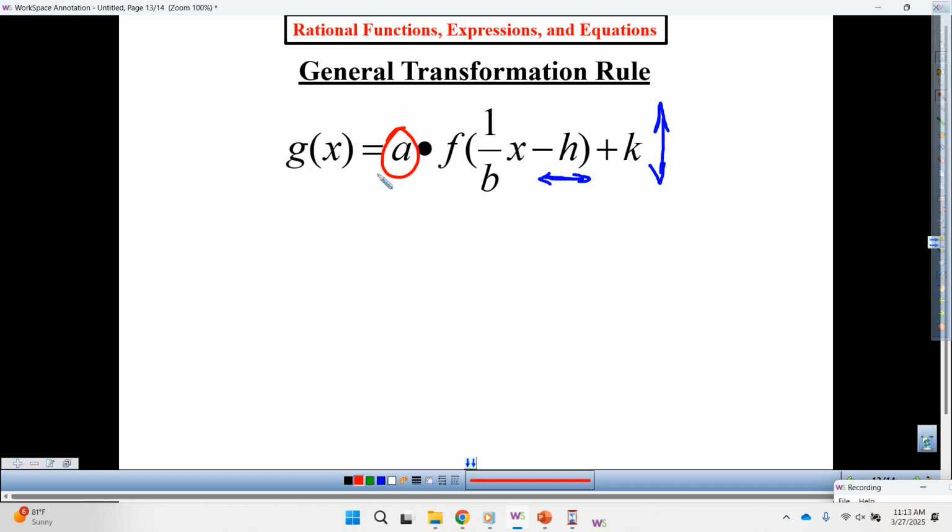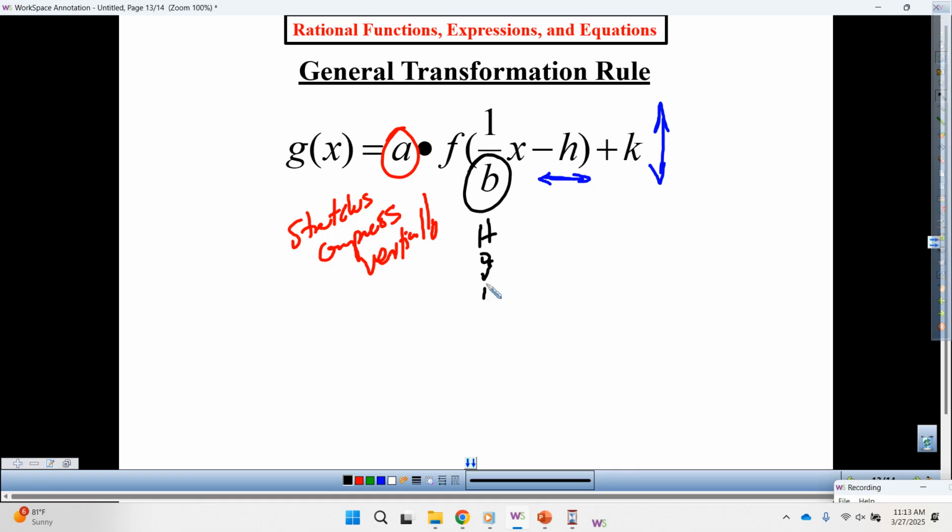It either stretches or compresses, but vertically. Once again, you don't have to copy this. You already have this. So what does b do to the entire function? Same thing, stretches and compresses, but horizontally, which is like that.